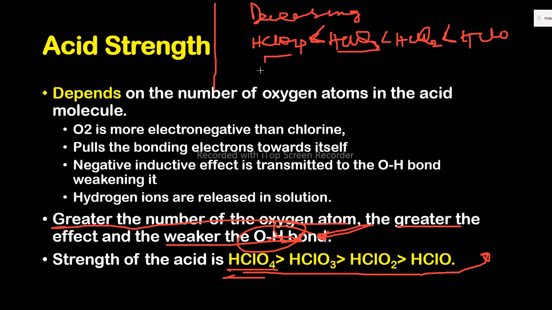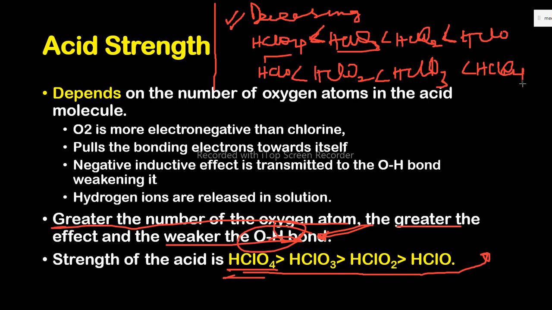One can write this. The question wants the order of decreasing acidity, and somebody writes the order like this: HClO, HClO2, HClO3, and then HClO4.